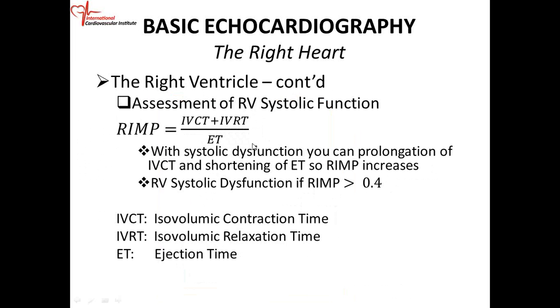So these are relatively simple measurements if you practice them. The important thing is to know the definition of RIMP. As I say, it's not a routine measurement. If you work in a large institution that sees a lot of congenitals, then they use it. It's mainly for the exams. You need to have a basic understanding of RIMP for the exam.